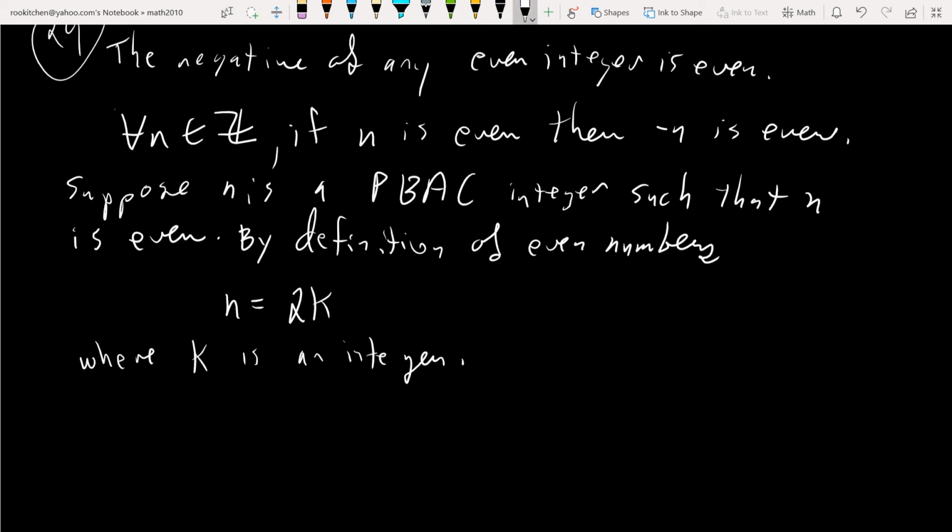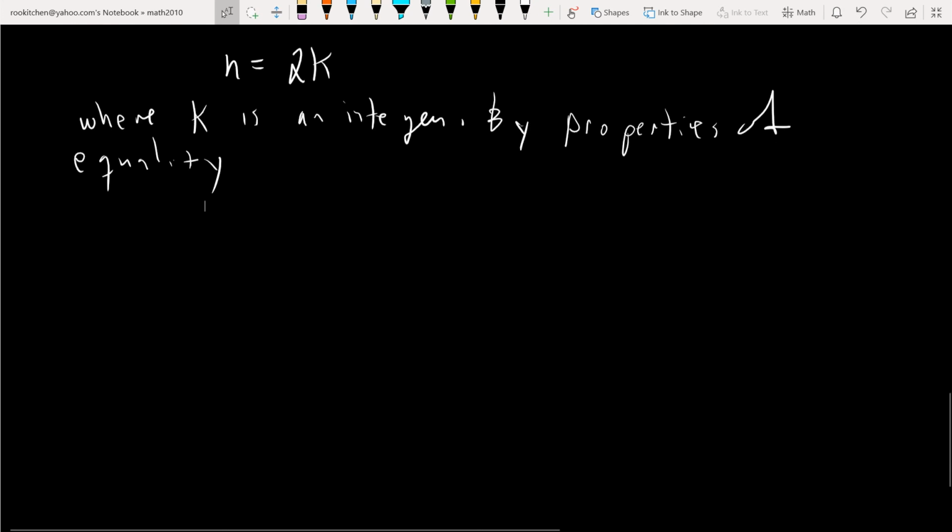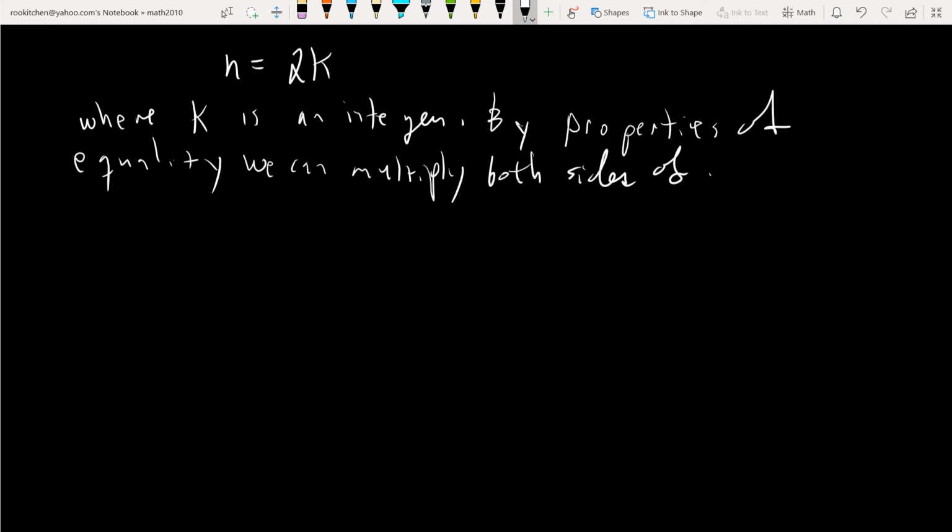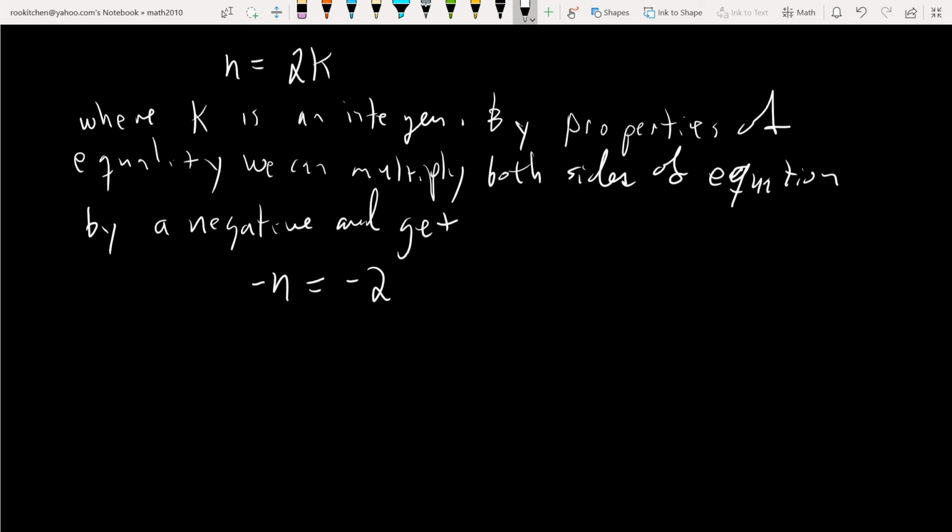So you can multiply both sides of any equation by a negative. So by properties of equations or equality, we can now multiply both sides by a negative and get negative n equals negative 2 times k.